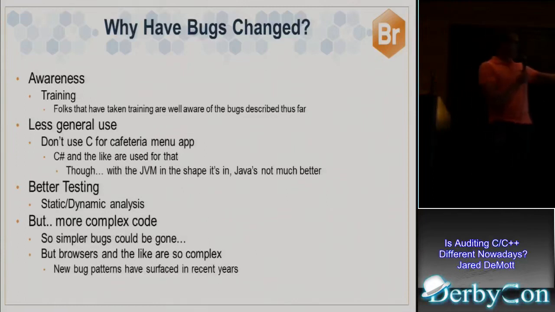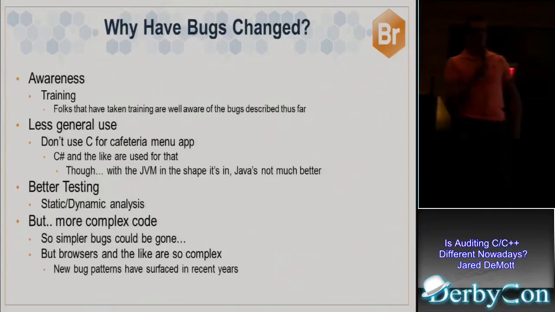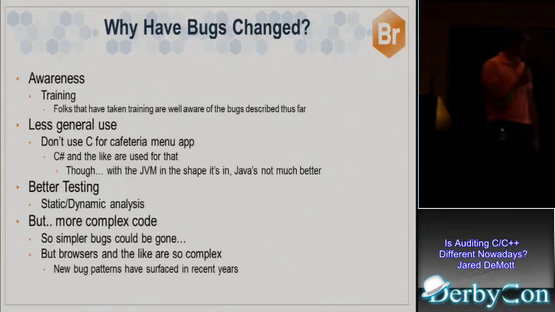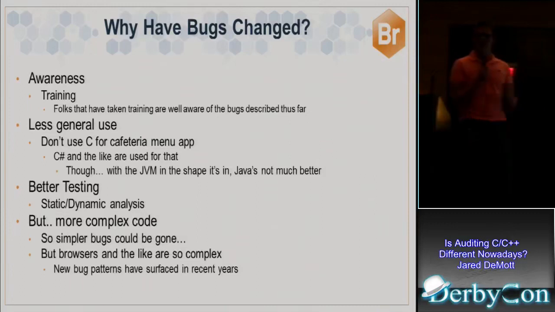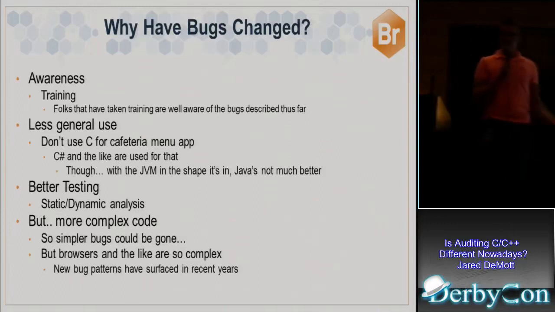Because C and C++ really shouldn't be used for general use. You really shouldn't be using it for writing some basic tool or the cafeteria menu in this case or whatever. There's a lot of other safer languages out there to use, C#, whatever, that if you don't have to use C and C++, you shouldn't, okay?